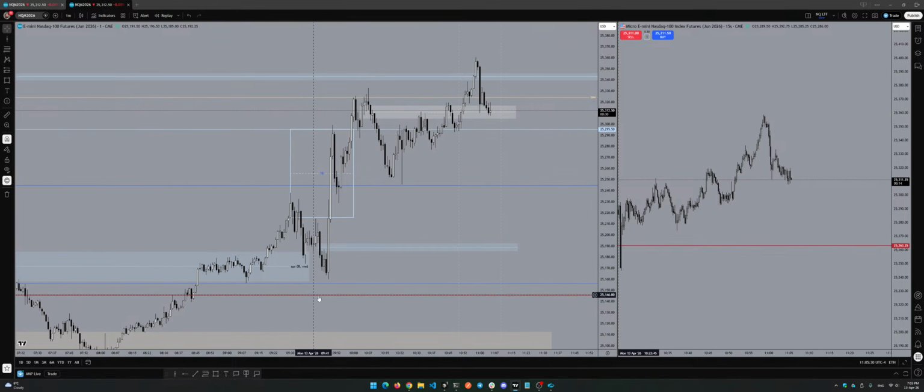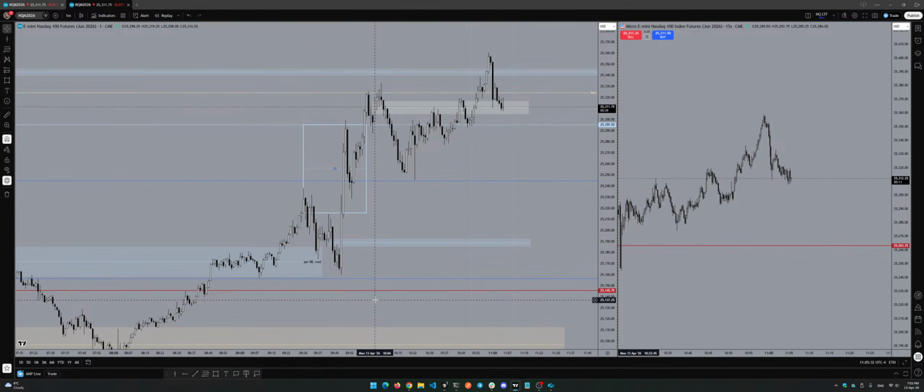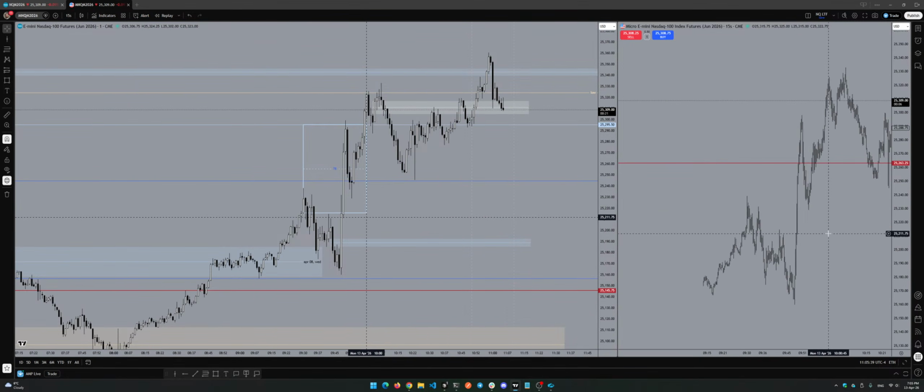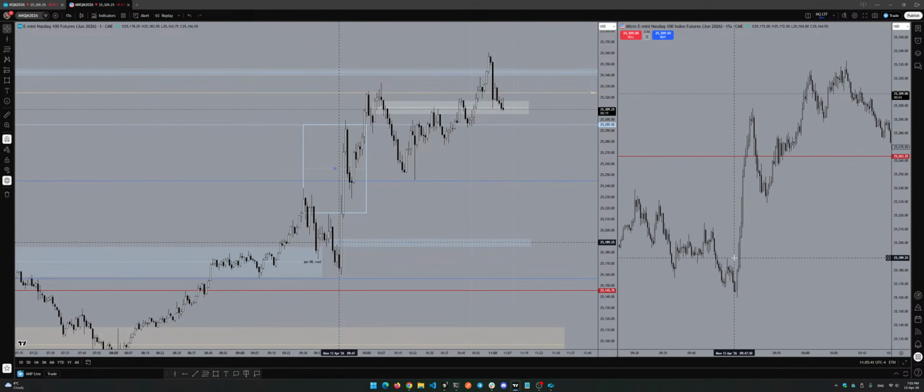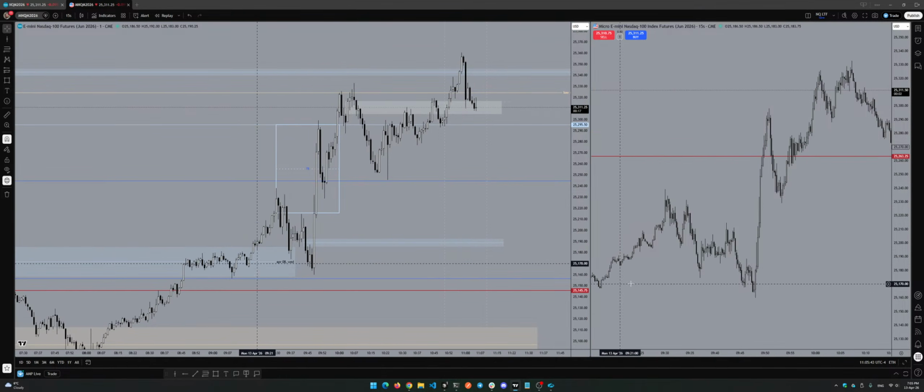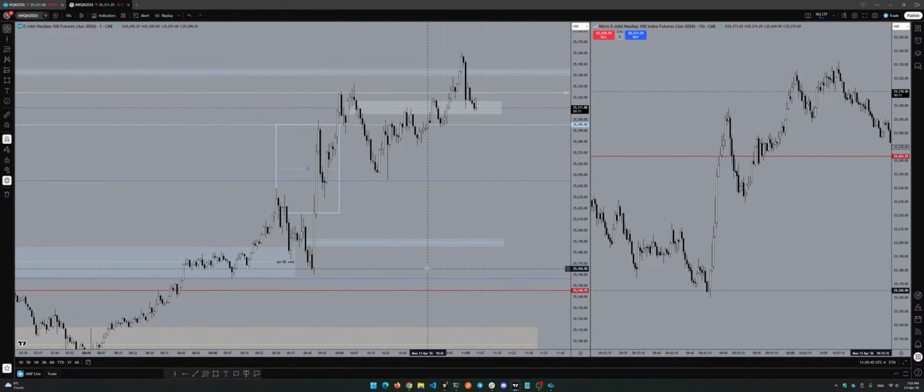If I were to type read the opening range, I'm trying to imagine if there is anything that I would have taken, any trades there or not.